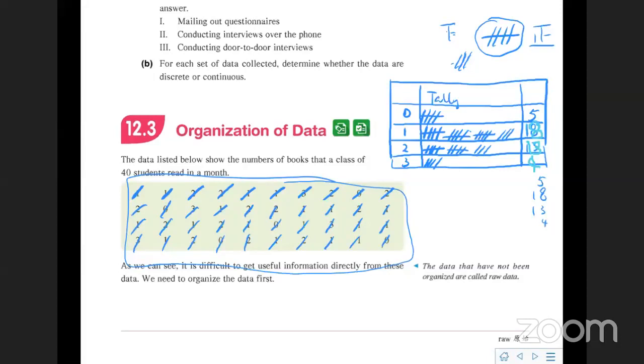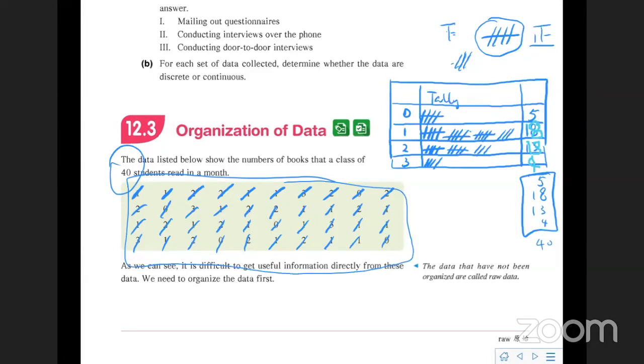Is this correct? This is a method that you can double check whether you have done everything correctly. Because the total should be 40, you add these numbers together to check whether you get 40.